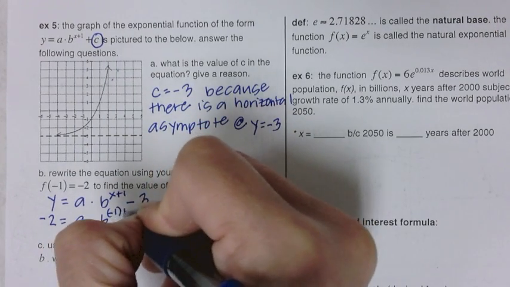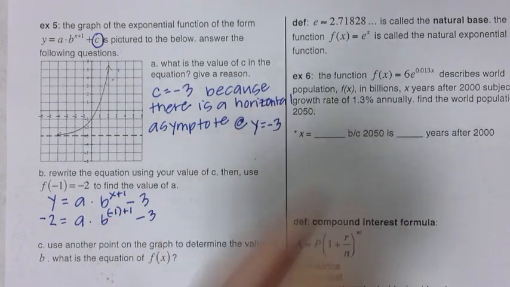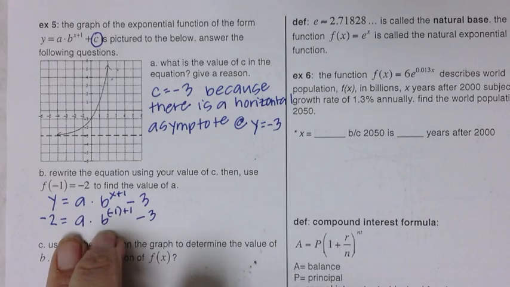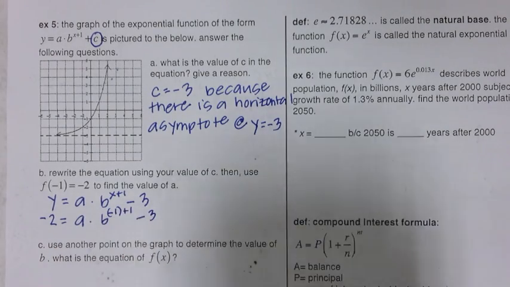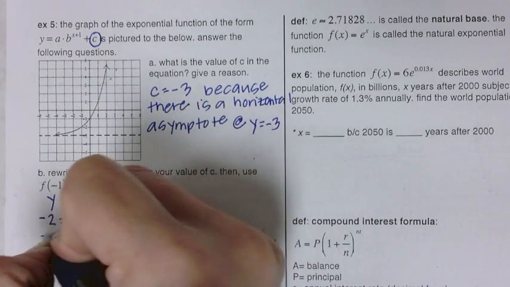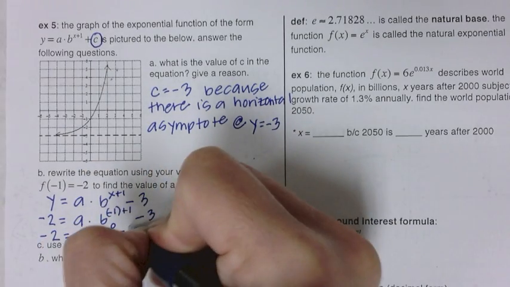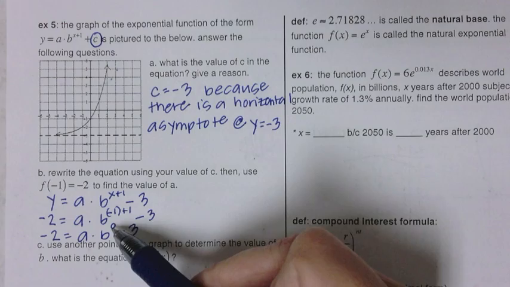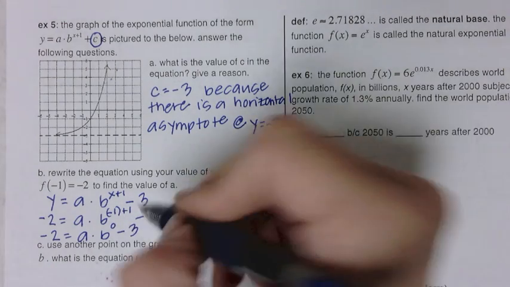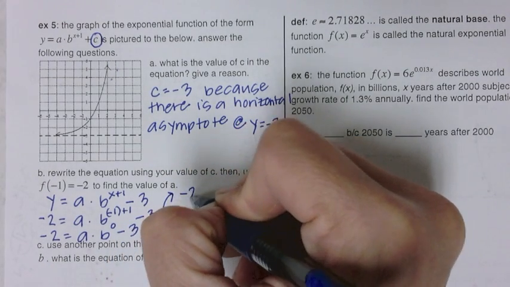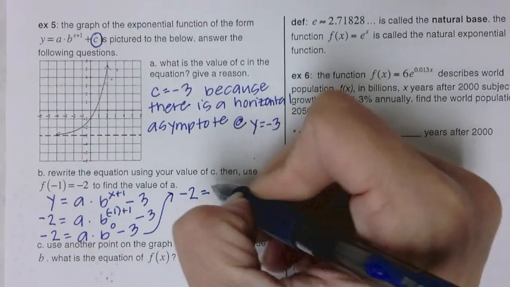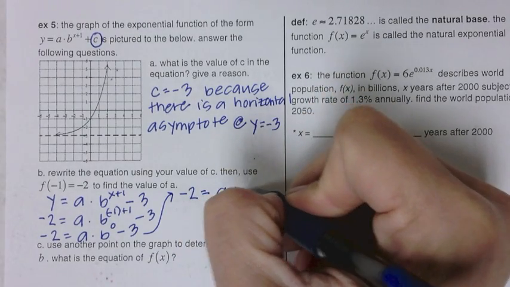Oh, they picked that intentionally because even though I have two unknowns, I'm going to be able to simplify this right here. This is -2 equals a times b to the 0 power minus 3. And what is anything to the 0 power? It's going to be 1. So it's -2 equals a times 1 minus 3.